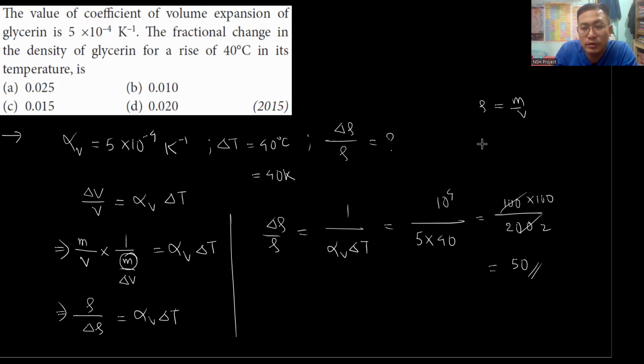So d rho, mass is constant. If we take the derivative with respect to volume, we get v to the power minus 1, which is negative, so the product gives minus v to the power minus 2 dv.